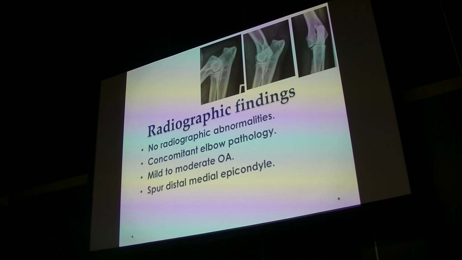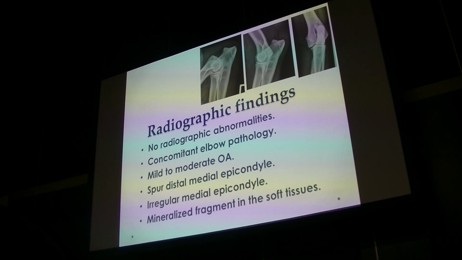And the spur, which is a specific finding, the one we saw already in our film reading case. I will show images immediately. And then the irregularity of the delineation, also in combination with sclerosis at the level of the attachment, and sometimes we find mineralized fragments in the flexor tendon and muscle itself.